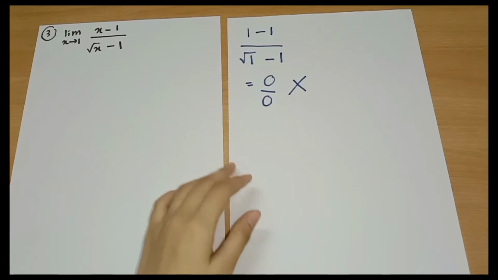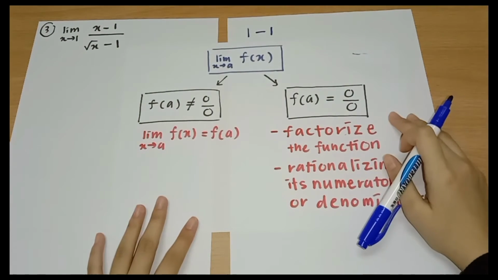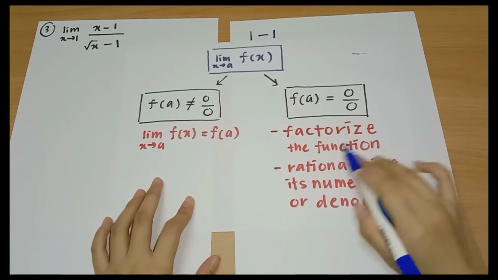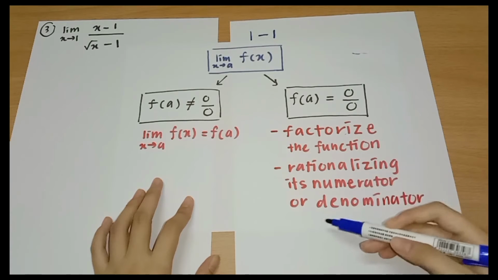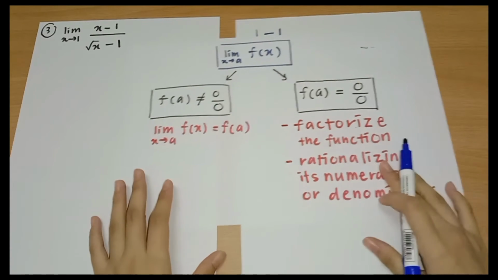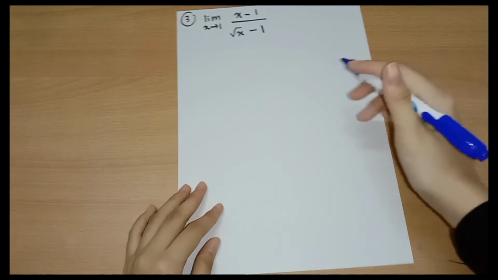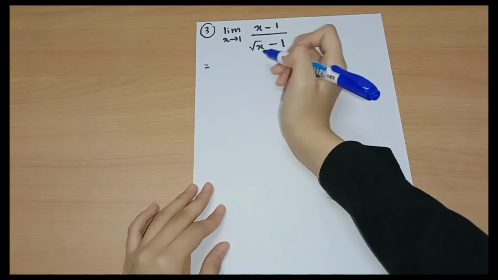So based on this, for f(a) equals to 0/0, either factorize the function or rationalize its numerator or denominator. So the best way to answer this type of question is by rationalizing its denominator.